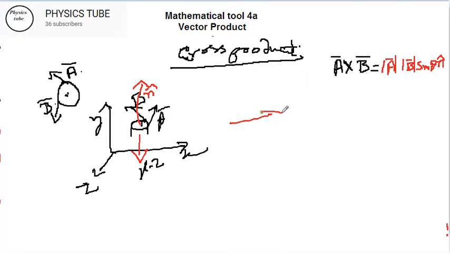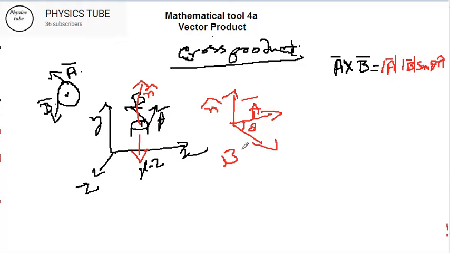That means if two vectors A and B are acting in one plane, this is A, this is B, the third vector is n hat, where the angle between A and B is theta, and we take sine theta like this. That means we have to be very clear that in cross product the result is a vector quantity, because n hat is the direction of the resultant, and the magnitude of the resultant is given by magnitude of A, magnitude of B, sine theta.